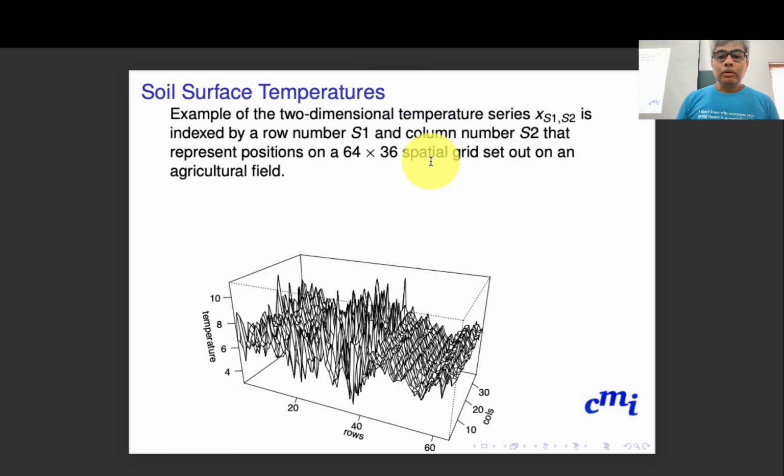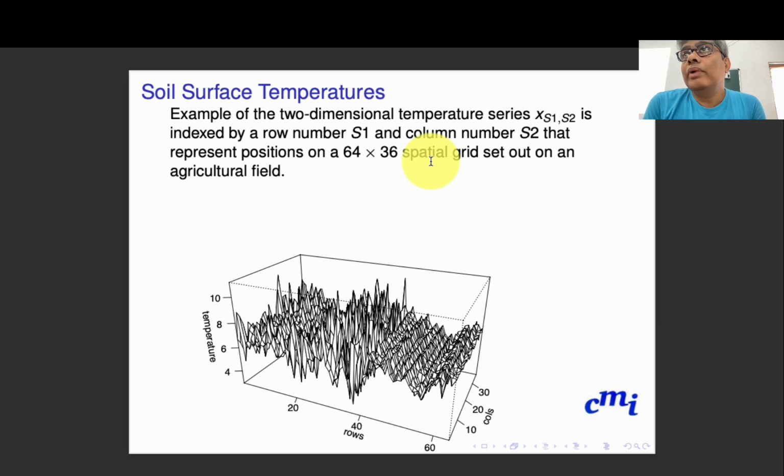Now soil surface temperature is another interesting example, where a two-dimensional temperature series X of s1, s2 is indexed by row number s1 and column number s2, representing a 64 cross 36 spatial grid set out on an agricultural field.